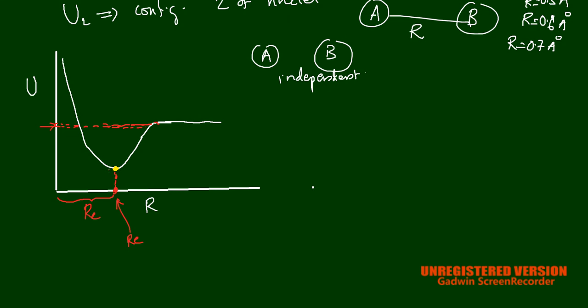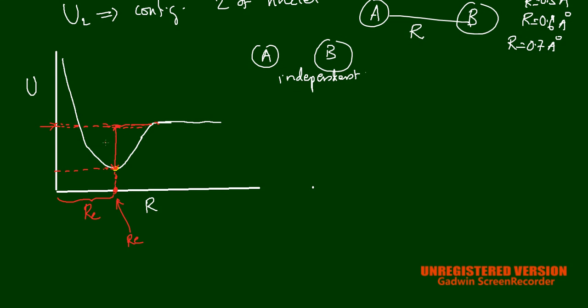So this is the energy corresponding to the equilibrium internuclear distance. That's the minimum energy. So we have to supply this much energy from here to here, from the equilibrium internuclear position, whatever may be the energy corresponding to that, plus we have to supply this much energy.